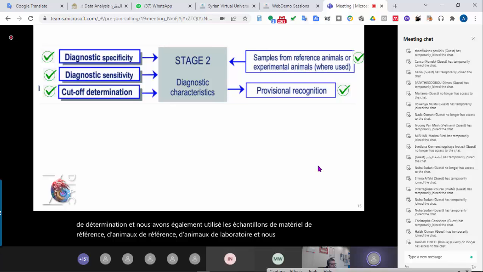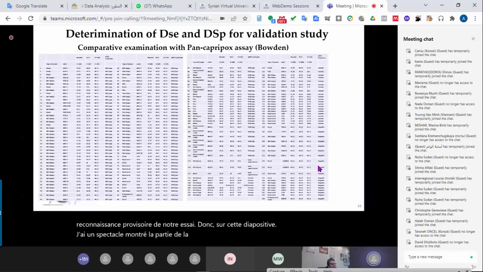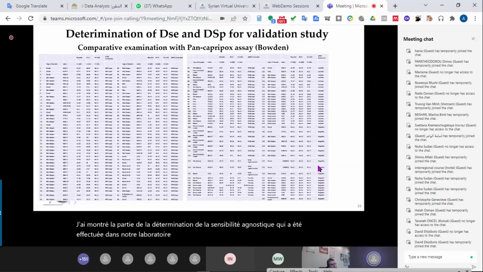So on this slide, I have shown the part of the determination of diagnostic sensitivity that was performed in our laboratory in Serbia, and the other part was performed in the EU reference laboratory in Sciensano in Belgium. Here you can see 163 naturally infected samples or samples from vaccinated animals.